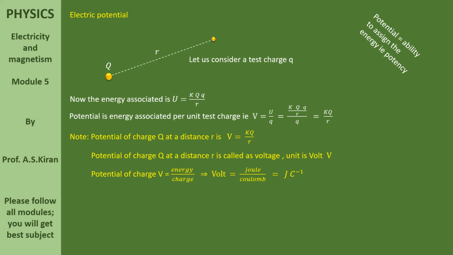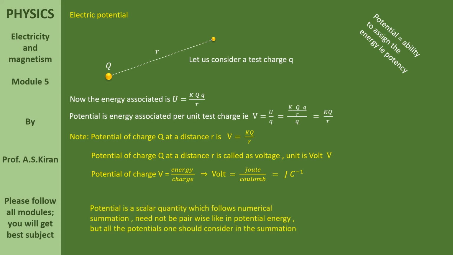In our derivation, energy associated per unit test charge means energy by charge. Energy unit is joule, charge unit is coulomb. So 1 volt equals 1 joule per coulomb. Please remember, I am telling this for the second time also.